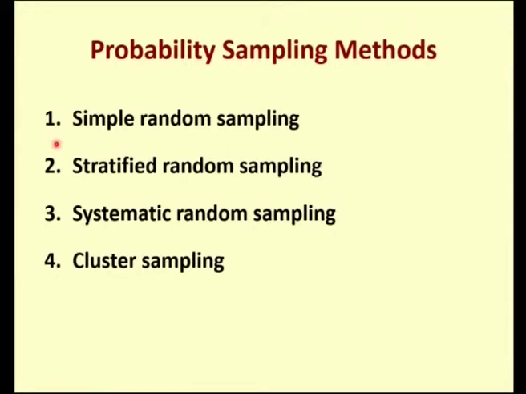And we have different methods under probability sampling: simple random sampling, stratified random sampling, systematic random sampling and cluster sampling. We will see all four methods in detail.